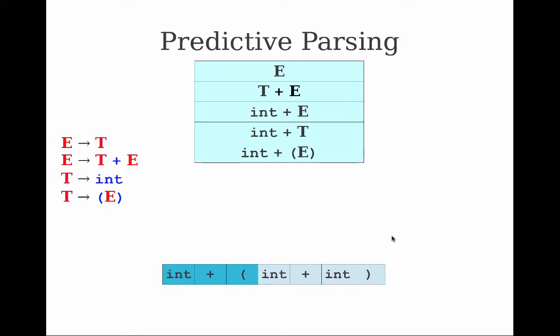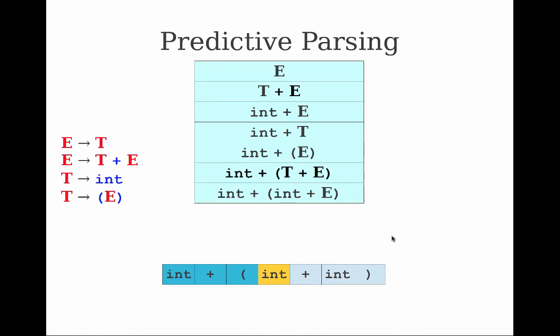Okay, so now we've consumed the open paren. Now we have an E. How are we going to parse the E? Well, this works just like it did before, right? The E starts with int plus, so we know we want to expand the E to T plus E. Okay, then we have the T, and we get int, so we know we want to expand that to int.